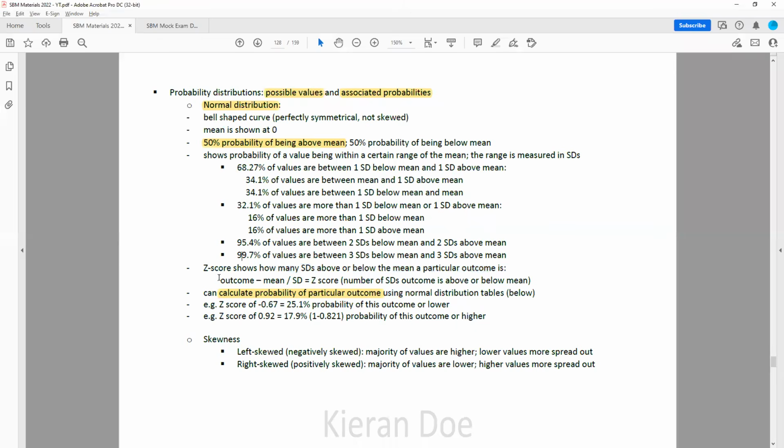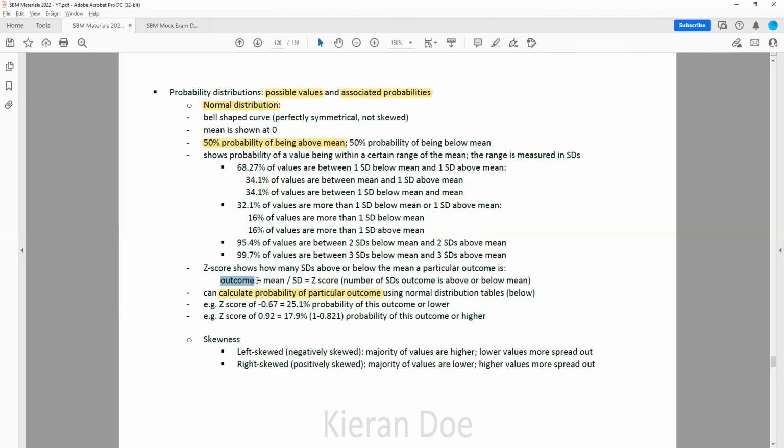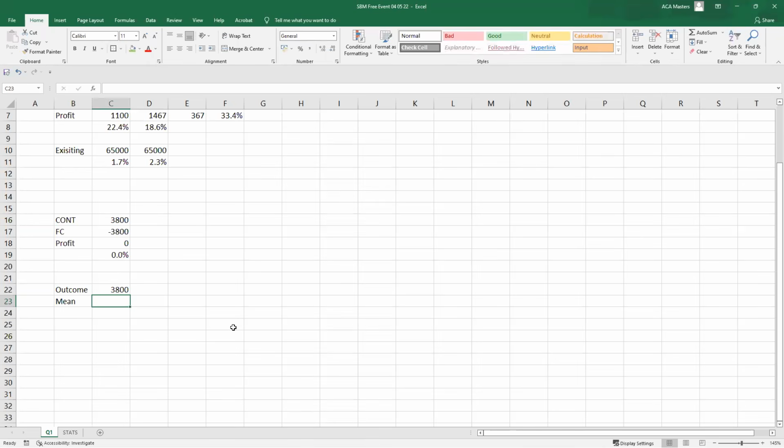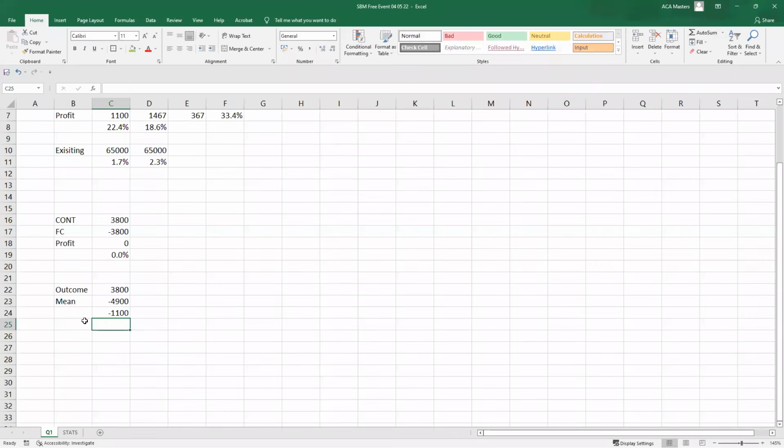So the way we can do this is take the particular outcome which we are interested in, 3.8 million, and we know that the average, the mean, as we'd already worked out above, for this one was the 4.9 million. So we can look at the 4.9 million, and then work out what the difference is between the two.